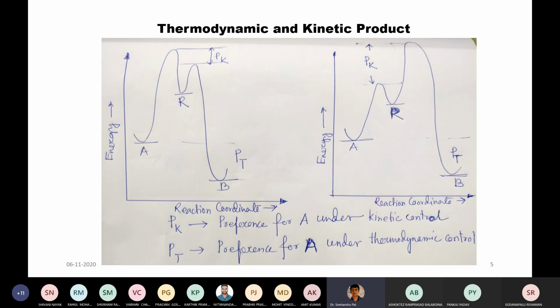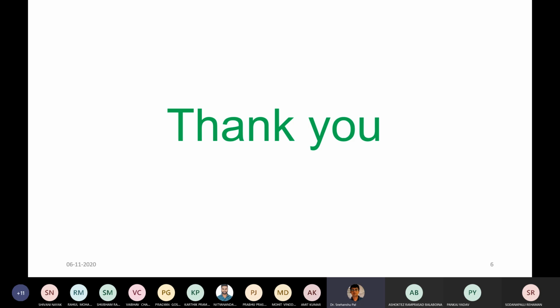Although it does not directly involve time, it does not have the denominator, the time part, still we say thermodynamics, not thermostatics, because thermodynamics has a strong correlation with kinetics, and that's why it is named so. I hope all of you understand how thermodynamics and kinetics are related, although they are different. Thank you.